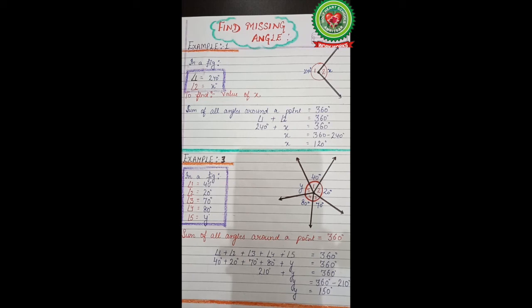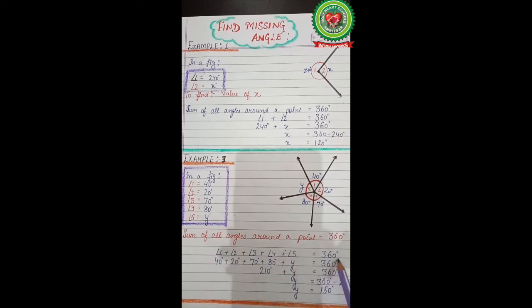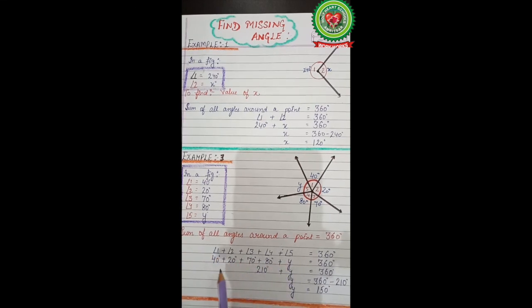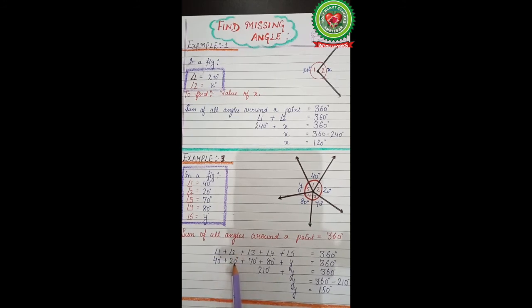Sum of all angles means you have to add up all these angles, which will be equal to 360 degrees. So you will write angle 1 plus angle 2 plus angle 3 plus angle 4 plus angle 5 is equal to 360 degrees. Now you will put in the values: angle 1 as 40 degrees, angle 2 as 20 degrees, angle 3 as 70 degrees, angle 4 as 80 degrees, and angle 5 as y, right, equal to 360 degrees.